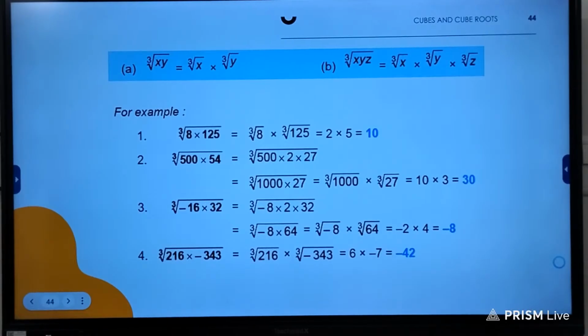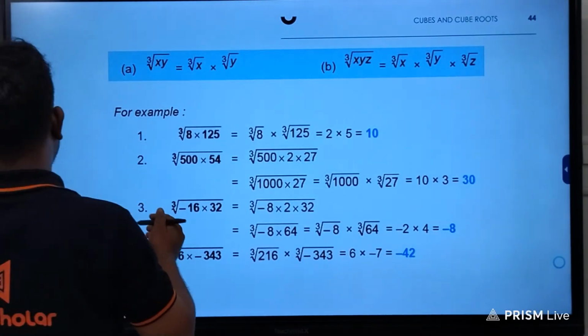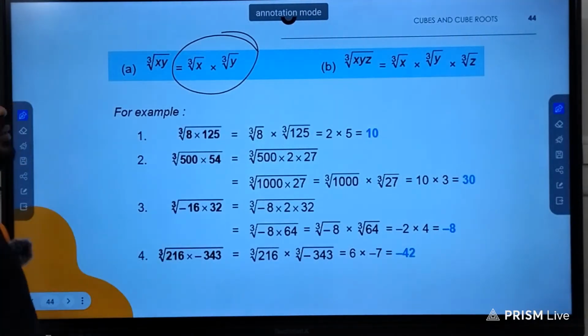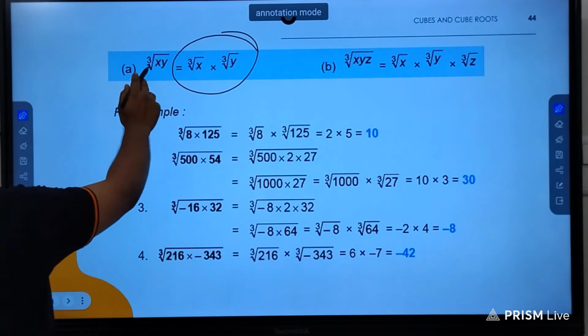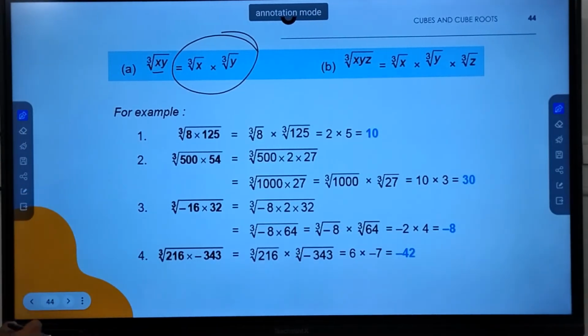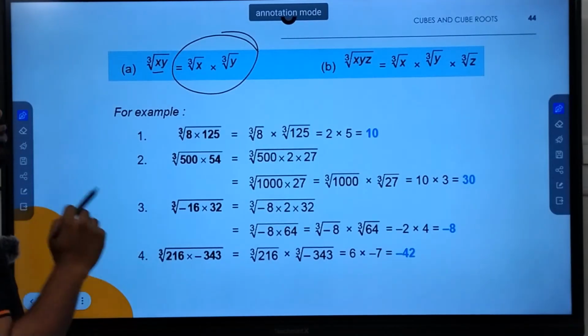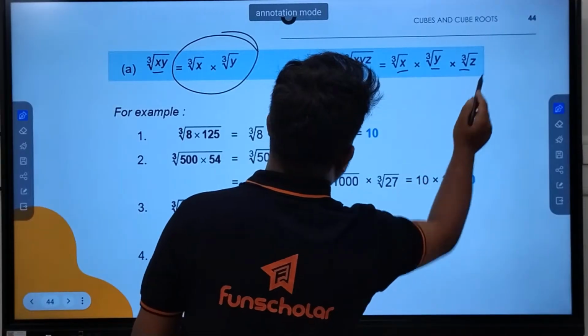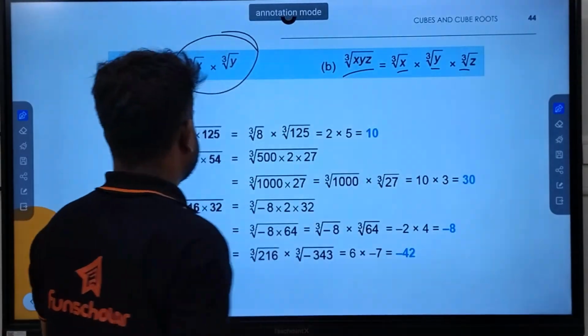Again, for example, they have given examples of how you can break down any cube root, like the cube root of x and cube root of y can be written as cube root of xy, and cube root of x, cube root of y and cube root of z can be written as cube root of xyz.